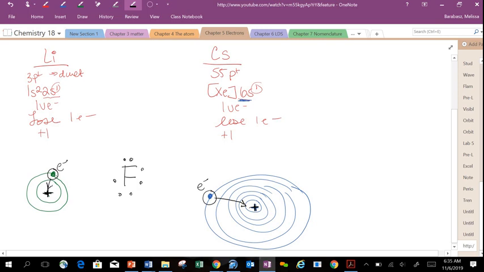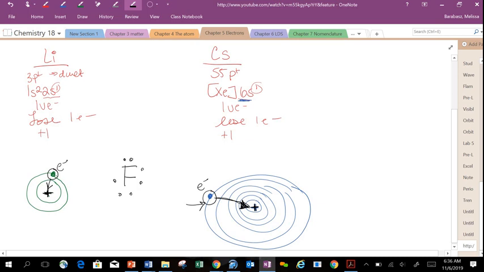So which one would be easier for fluorine to take from? Well, if we look, this valence electron right here is so far away from that nucleus.